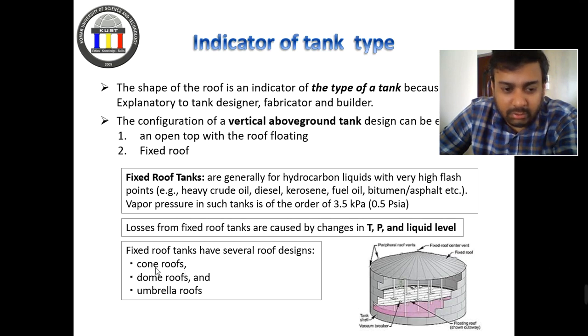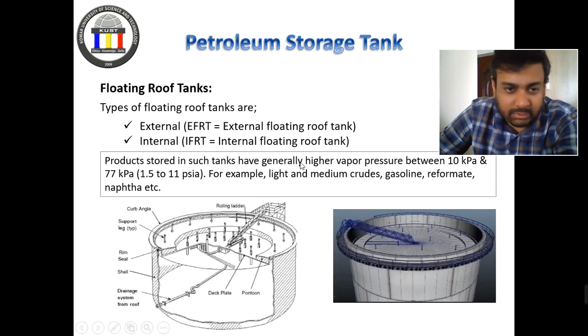As it shows, it has a cone roof. It makes a cone like this one, or a dome, or an umbrella roof. So if there are losses in the fixed tank, they are caused by changes in temperature, pressure and liquid level. These are the reasons for losses in the fixed tank.